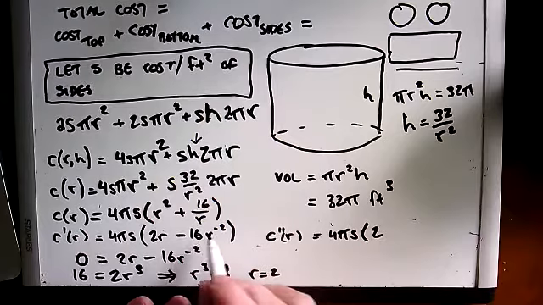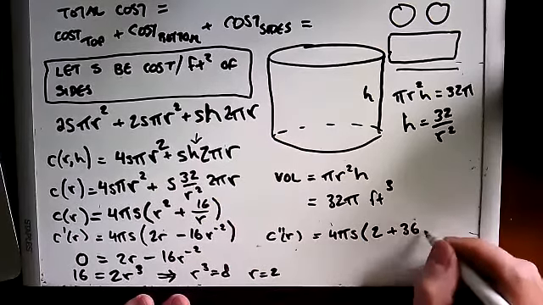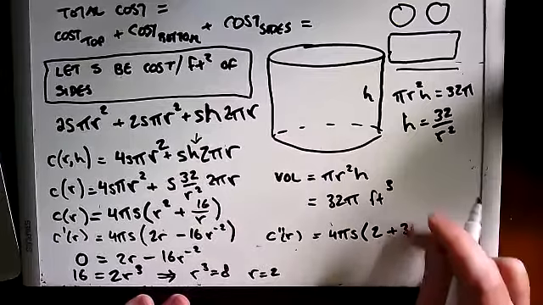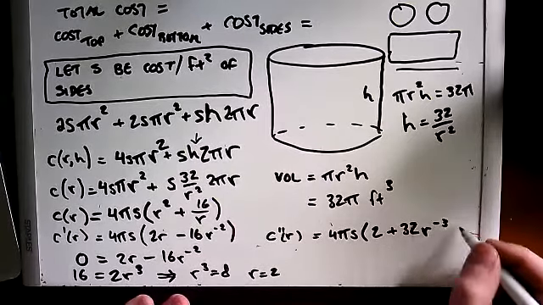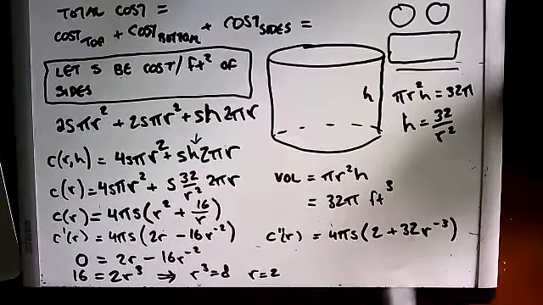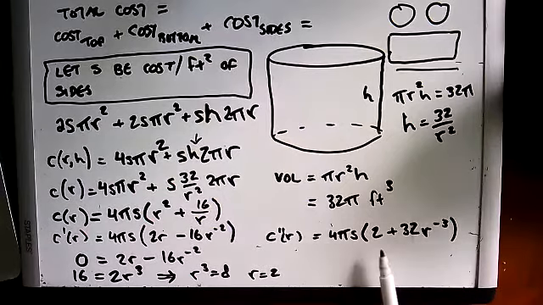And then when we differentiate again, that minus 2 comes out in front, so we have 2 plus 32 r to the negative third. And what's important here is if we're plugging in a positive value for r, that r to the negative third, that's 1/8. We're still getting a positive number plus a positive number times a positive number.